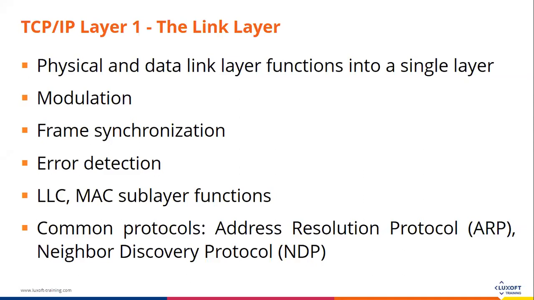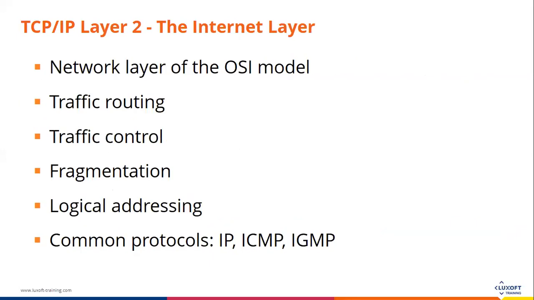We are talking about modulation, about how the signals are sent, about if you have a connection through optical fibers, through Wi-Fi, or through some other kind of physical device. So at this level, we are talking about some common protocols like address resolution protocol and neighbor discovery protocol.